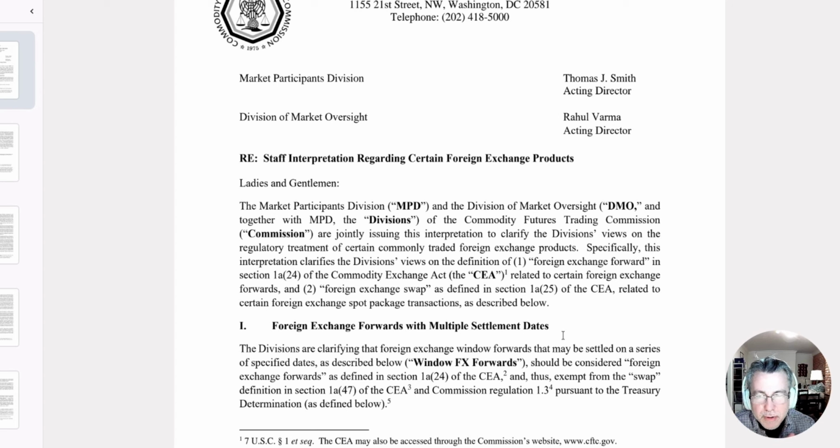However, no action letters generally apply only to the person they're issued to. An interp is saying, this is the way we read the statute. A no action letter is saying, you want to do something that is technically not allowed by the statute or the rules, and we can't change the statute, but we will not recommend this to enforcement if we see it.